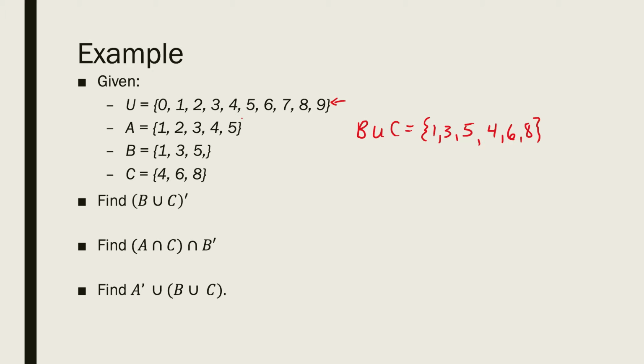And I'm going to cross out anything that's in B union C. So I'm going to cross out the 1, the 3, the 5, the 4, the 6, and the 8. And so whatever is left will be B union C complement. So this will have the elements 0, 2, 7, and 9.